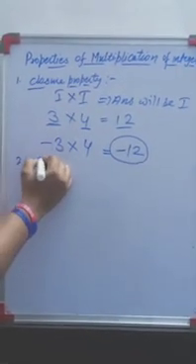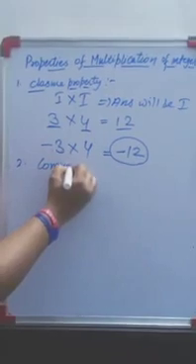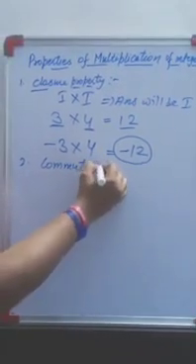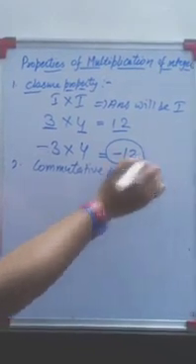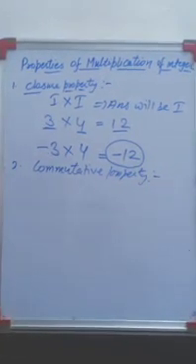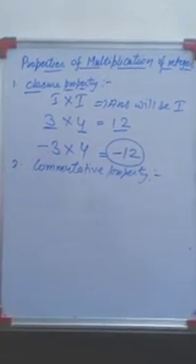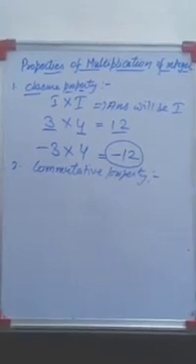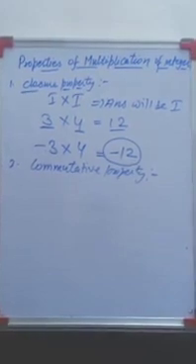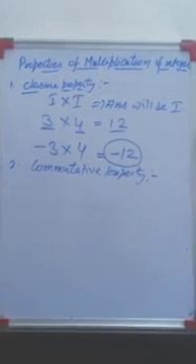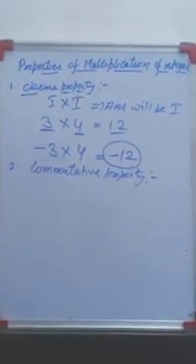The second property is the commutative property. Just like in addition and subtraction, whenever we change the position of the integers, is the result affected or not?